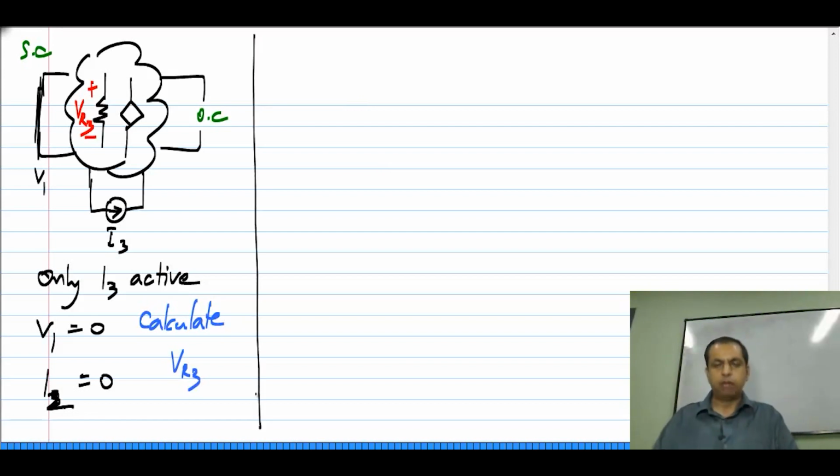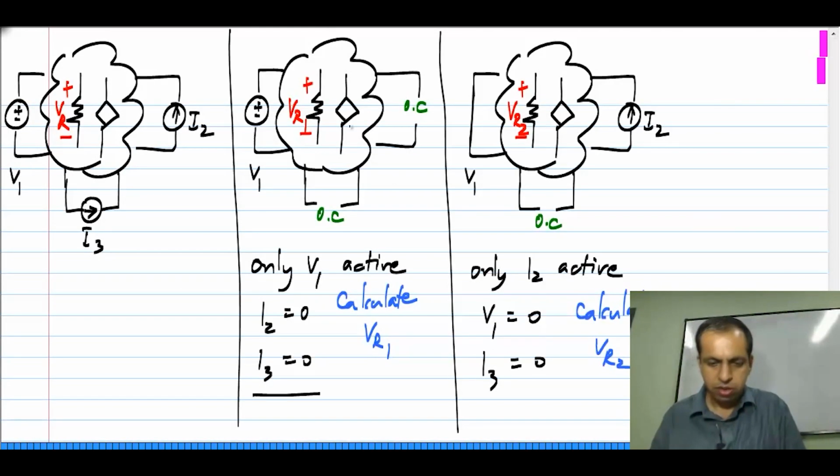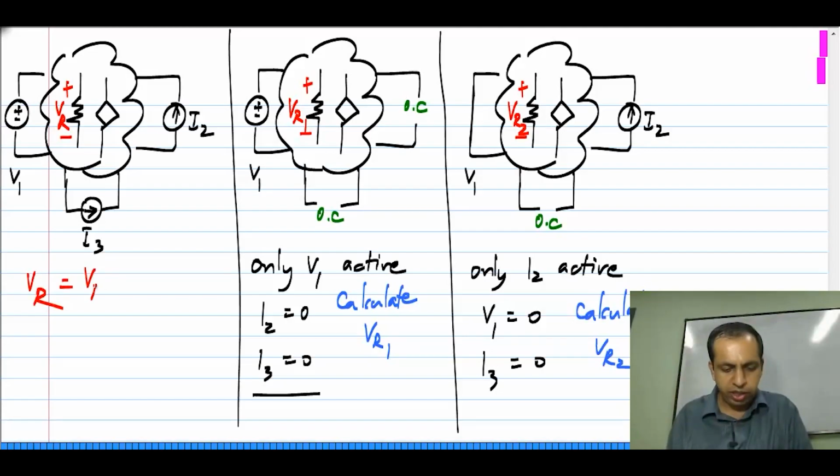So, there were 3 independent sources. I do the analysis 3 times. Each time I keep only one of the sources to be non-zero and all the remaining ones to be 0. Now, what does it mean? For voltage sources, setting them to 0 means replacing them by a short circuit. For current sources, setting them to 0 means replacing them by an open circuit. Okay. Then, for the full solution VR, I sum the 3 individual solutions VR1 plus VR2 plus VR3.